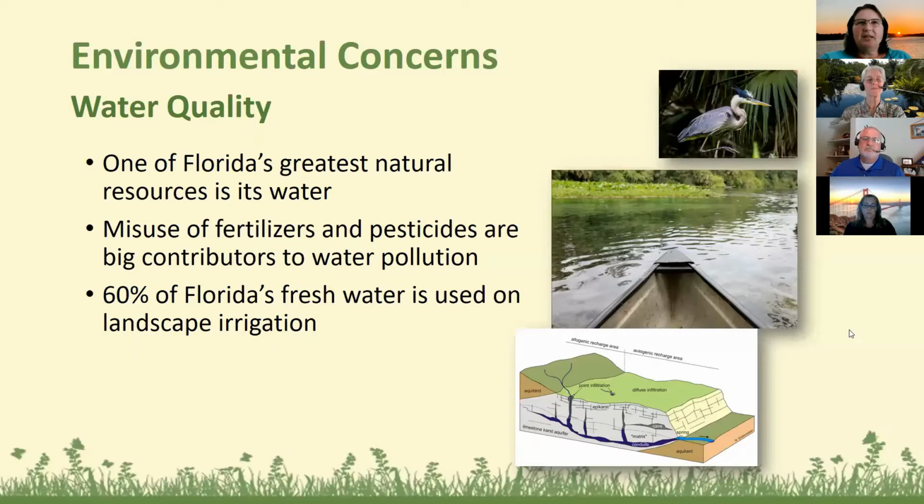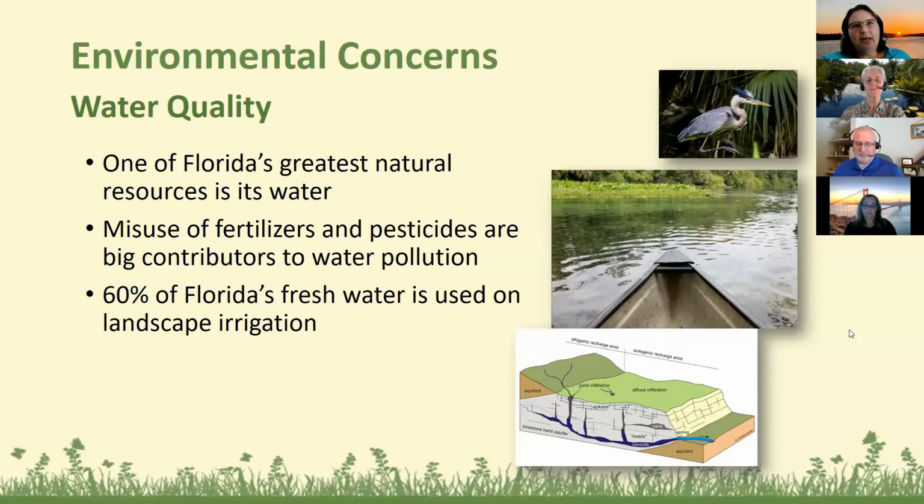All right, so let's talk about what we're here to talk about, and that is our water. Environmental concerns are very prevalent here in Florida. Water quality is a big, big issue. We have a lot of impaired bodies of water, and some of that comes from misusing fertilizers and pesticides, but a lot of it actually comes from over-irrigating.